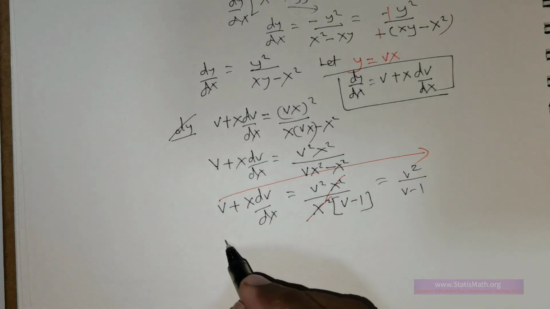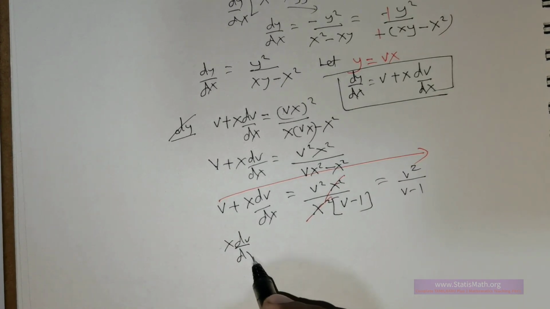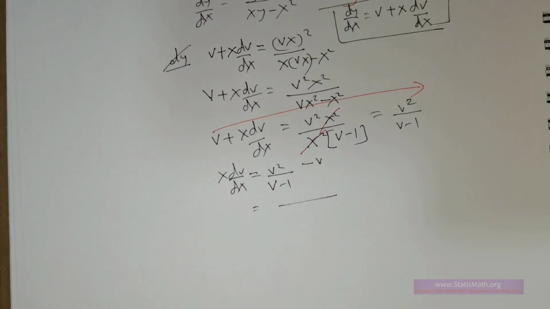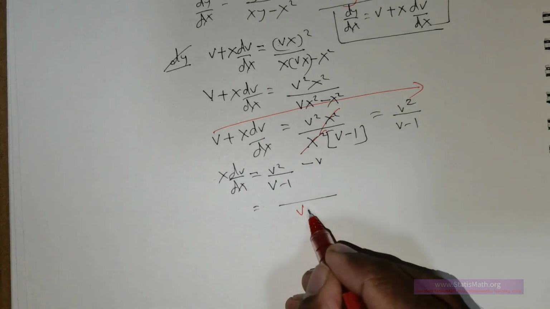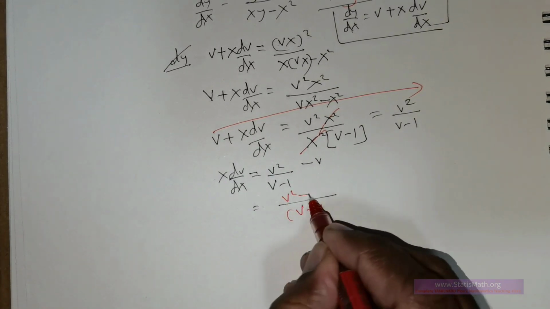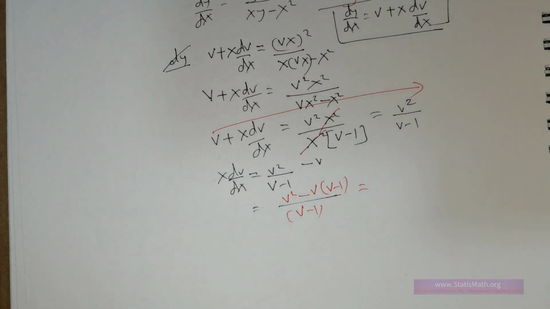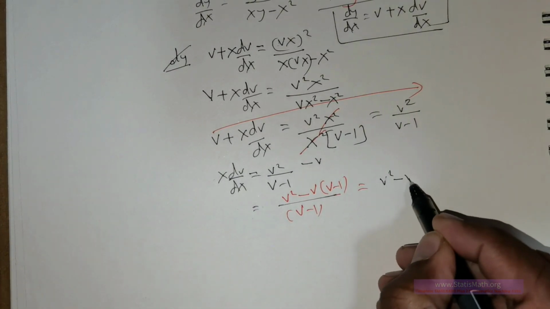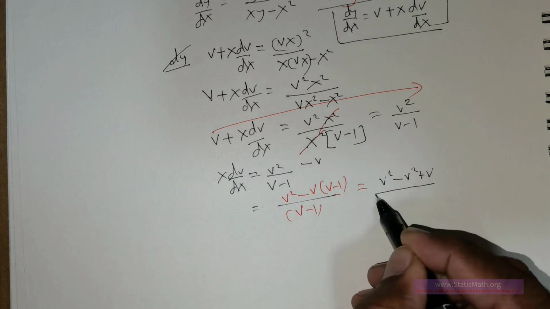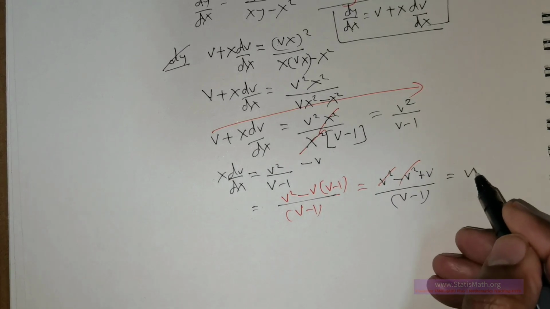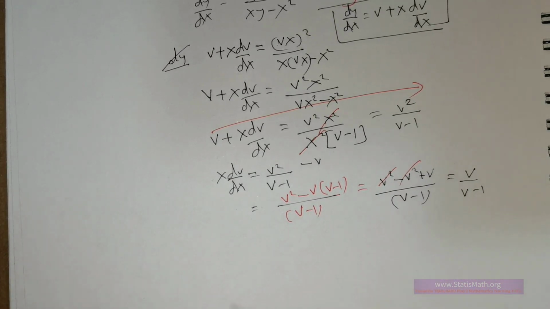So that would give me x times dv/dx equal to v squared divided by v minus 1, minus v. Now taking the LCM as v minus 1, this is going to be v squared minus v times (v minus 1). So this is equal to v squared minus v squared plus v divided by v minus 1. Clearly the v squareds can be cancelled, giving me v over v minus 1.